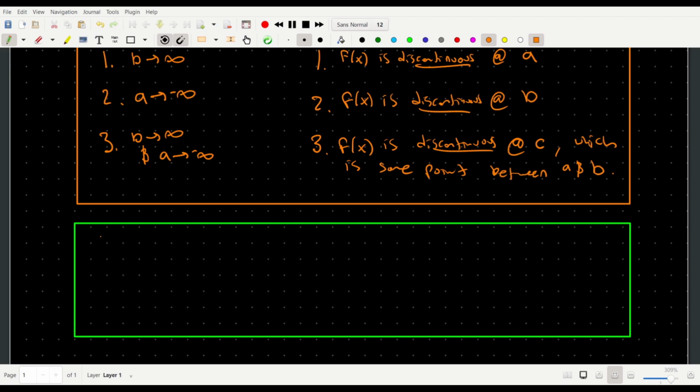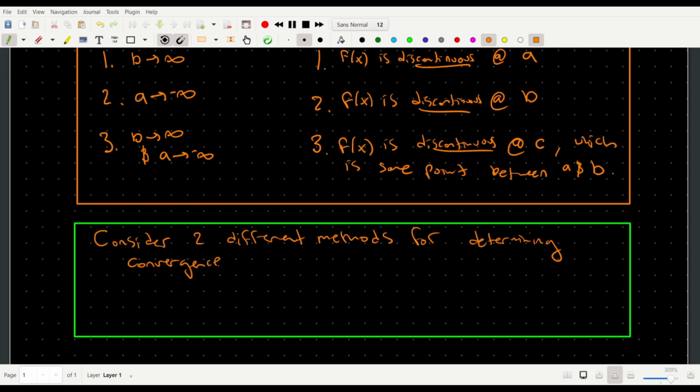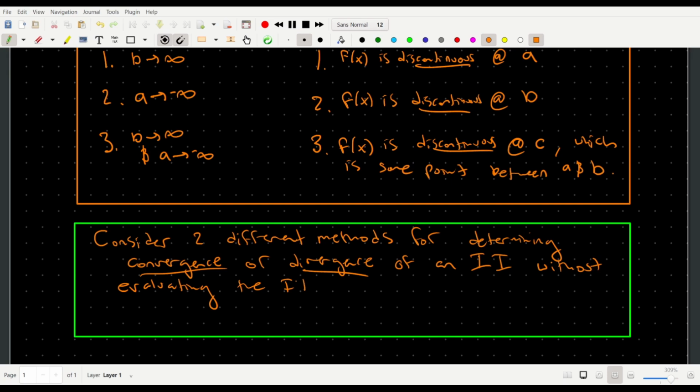We're going to consider two different methods for determining convergence or divergence of an improper integral without evaluating the improper integral.